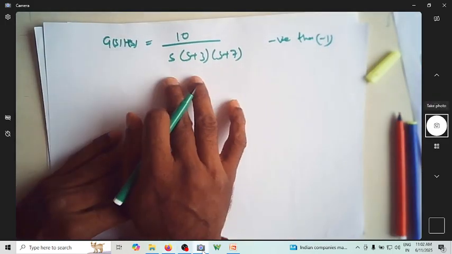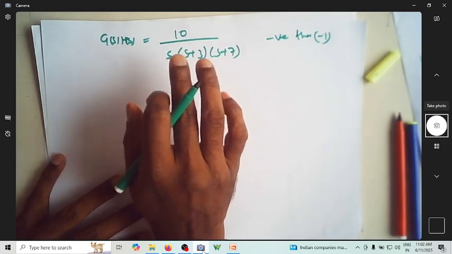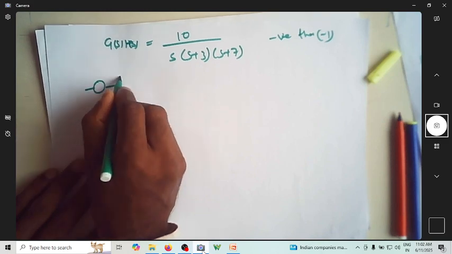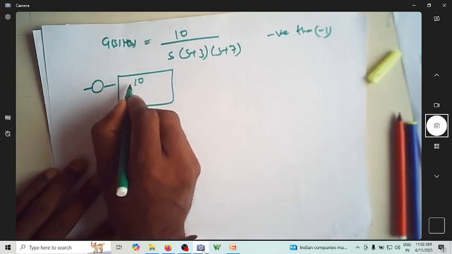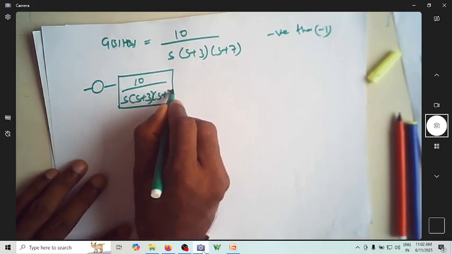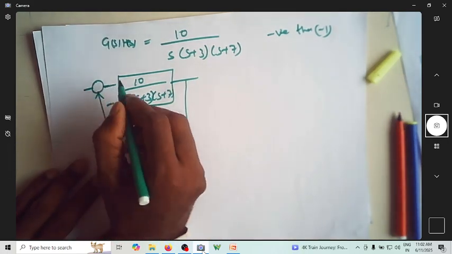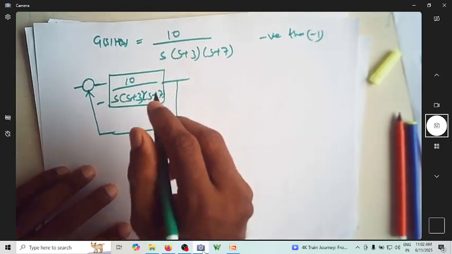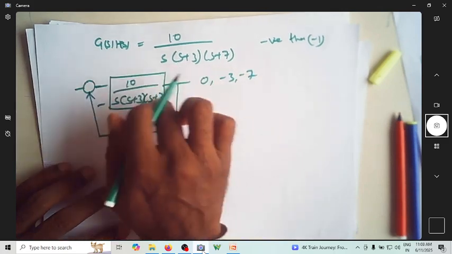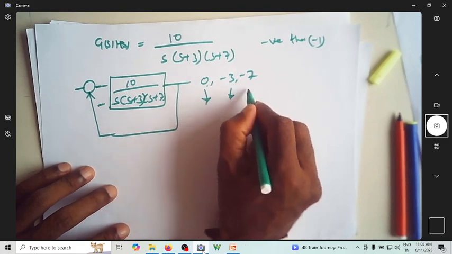In this open loop transfer function, if you make a unity feedback, this is what you have: 10 by s into (s plus 3) into (s plus 7). The open loop poles are at 0, minus 3 and minus 7. Once you close the loop, they all will change.